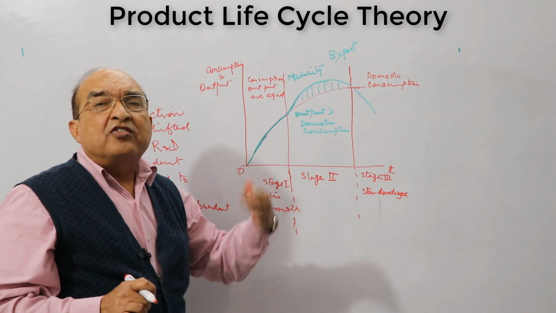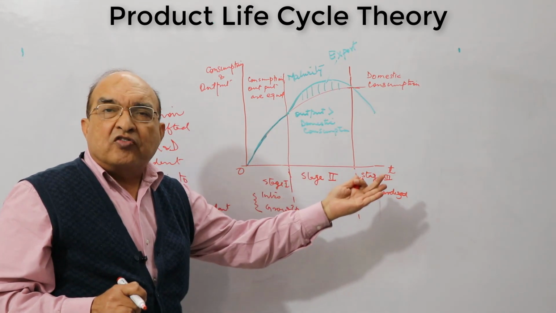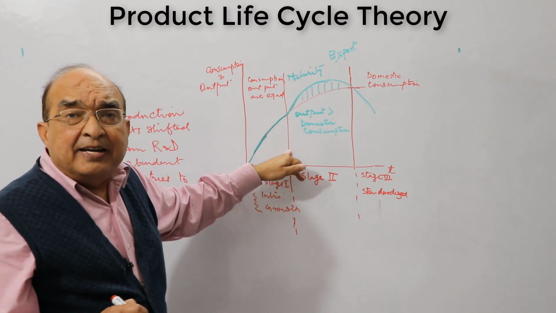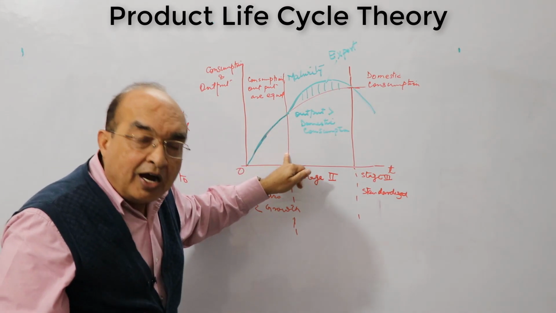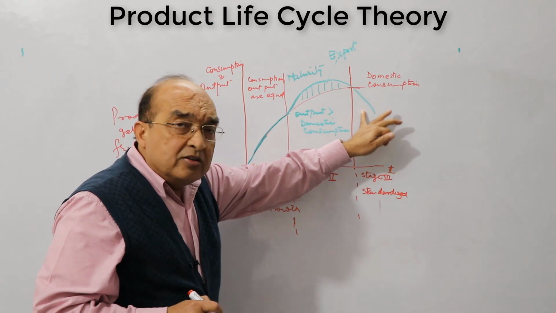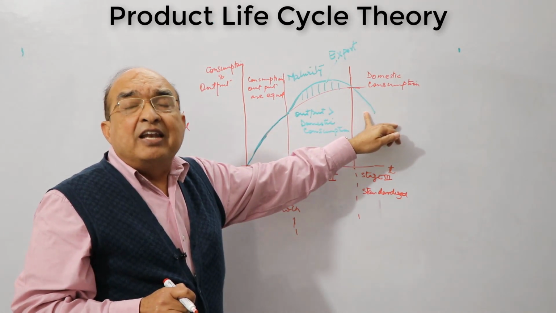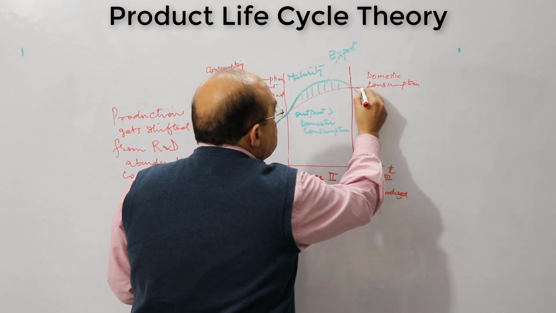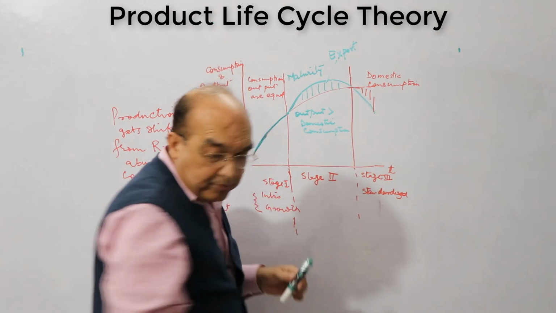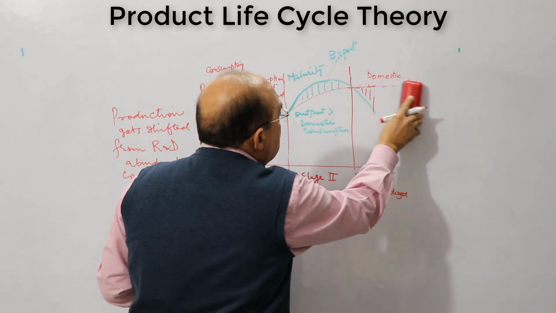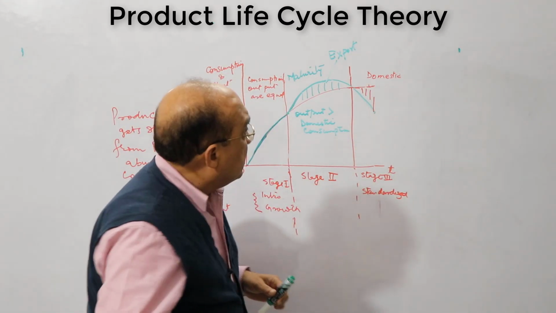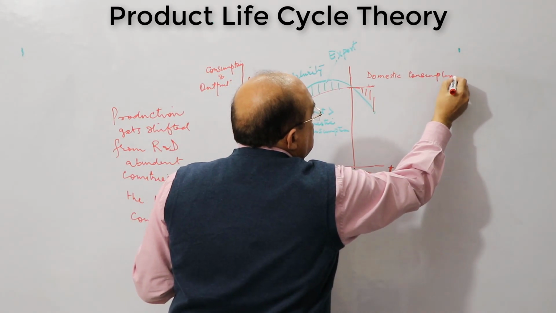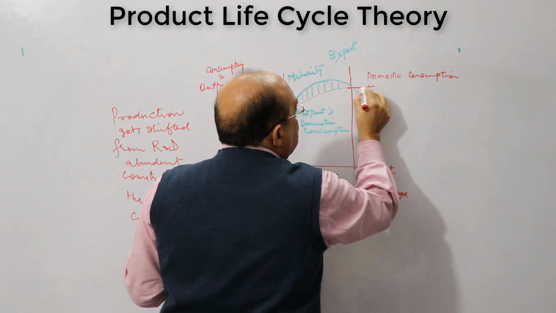And now the good does not require that much expenditure in terms of capital; it is the labor that would make the difference. So if you continue to produce in that country, its cost per unit will be higher, and it is therefore in those countries where labor is cheap, because they are labor abundant countries. So this gap, or let me remove this consumption to write it here, this is the domestic consumption curve.